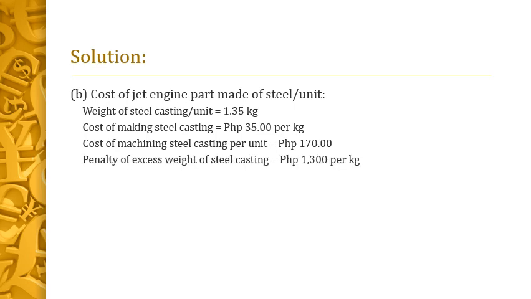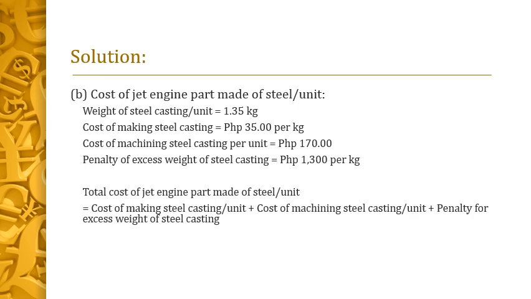And the penalty for excess weight of steel casting is 1,300 pesos per kilogram. Now let's compute the total cost of jet engine part made of steel per unit. Again, per unit. It is equal to the cost of making steel casting per unit plus the cost of machining steel casting per unit plus penalty for excess weight of steel casting.